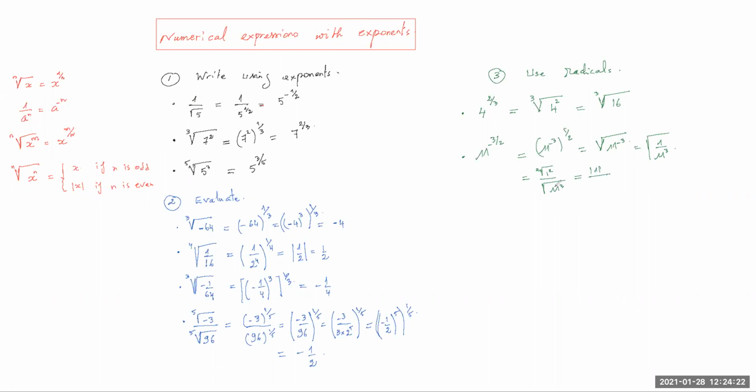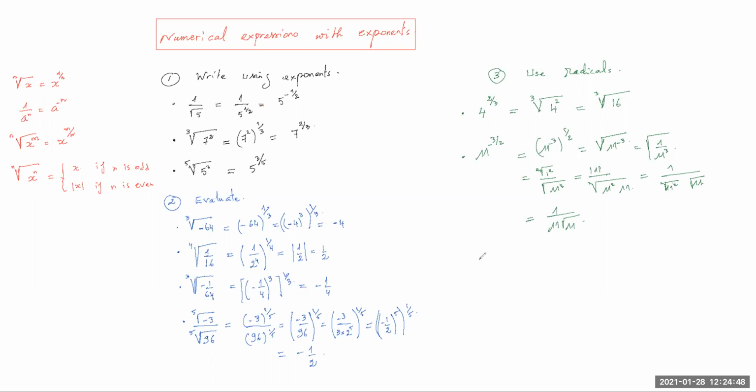And here I can separate because I see that I have a square root: I have 11 squared and 11, so I take the square root of 11 squared and the square root of 11. This one gives me 11, which simplifies the expression.